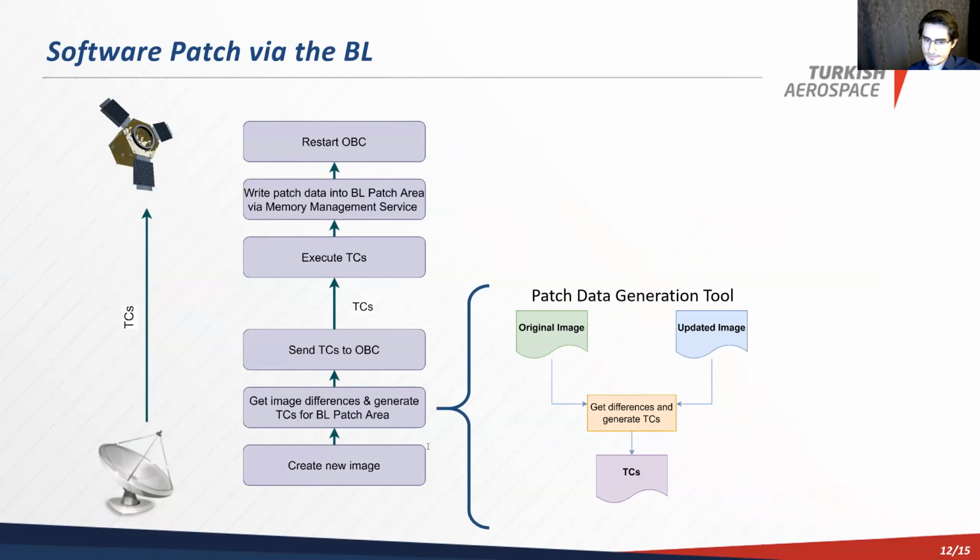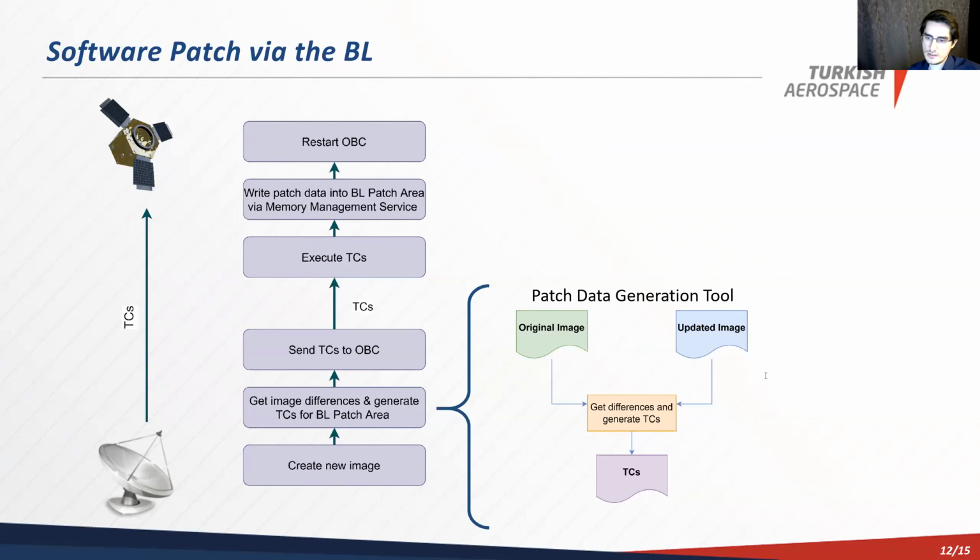So let's say that we want to use the bootloader approach to update our software. So we would start by creating a new image, as you can see here. And then we would provide this image and the currently installed image on the satellite to a tool that we created called the patch data generation tool.